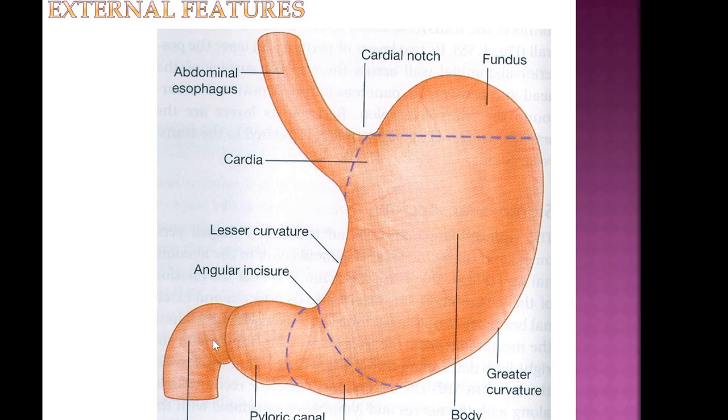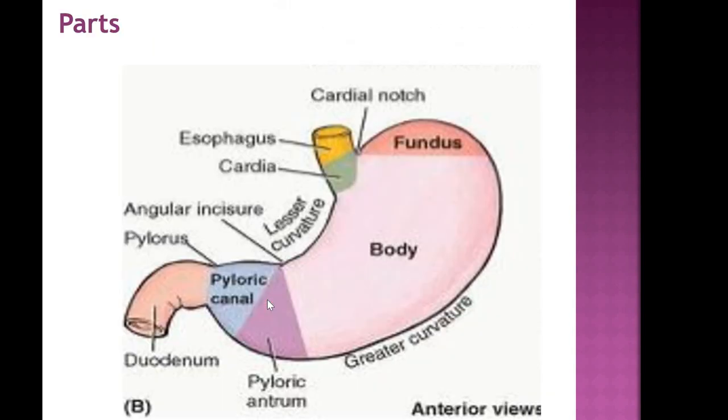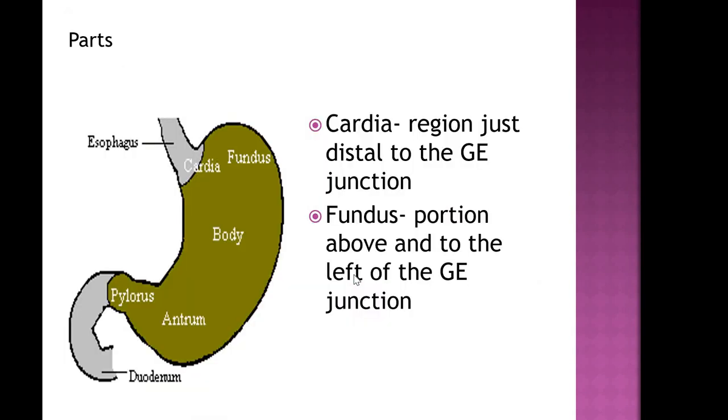So when we see the specimen, we can identify the pyloric end by feeling this thickening, the pyloric sphincter. So these are the parts of the stomach. Now you see here the fundus, body, pyloric antrum and pyloric canal, lesser curvature and greater curvature.